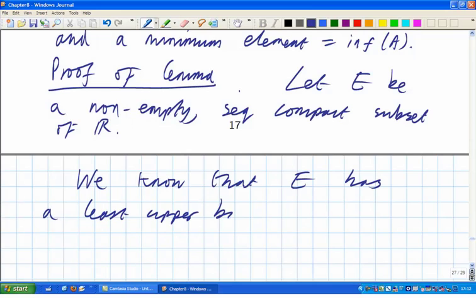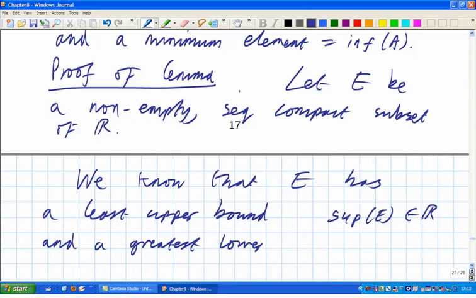Now, that means that we know, since E is non-empty and it's bounded, that it's going to have a least upper bound, sup E, a real number, and a greatest lower bound, inf E, which is also a real number.